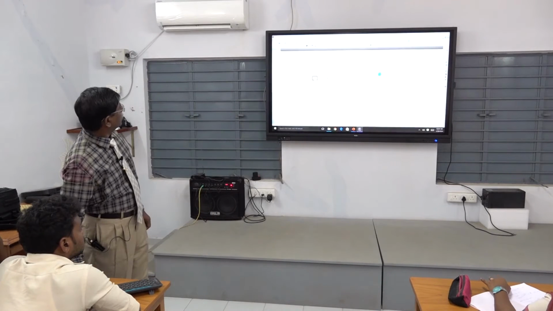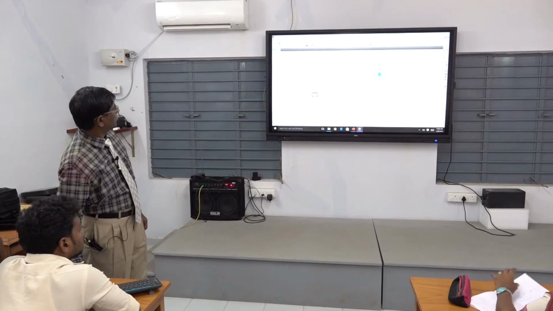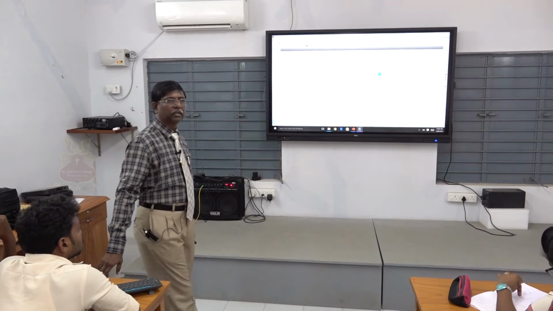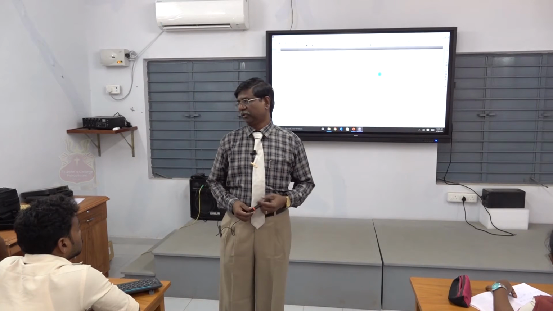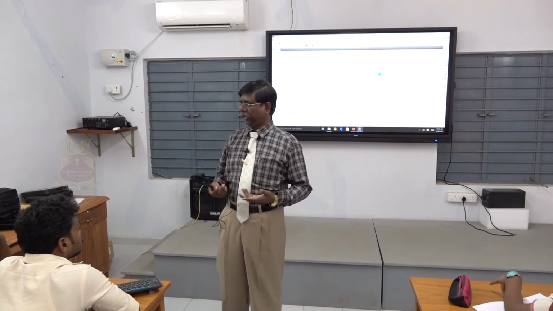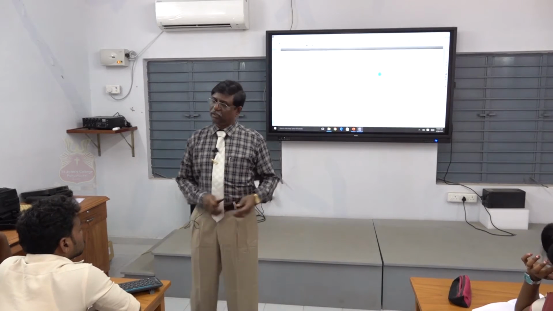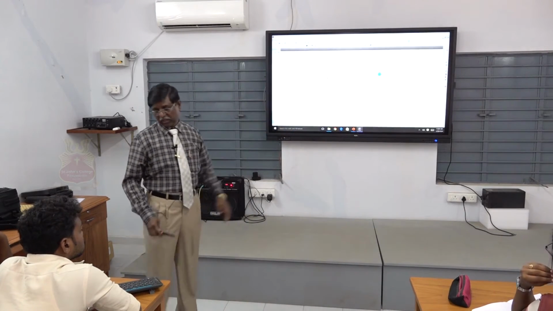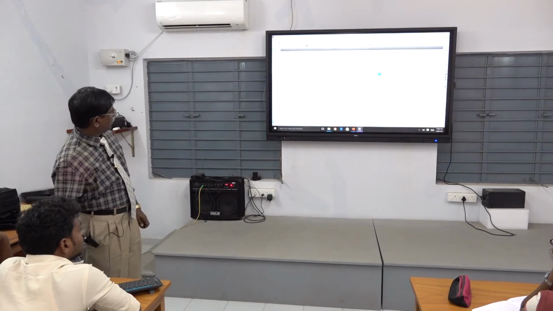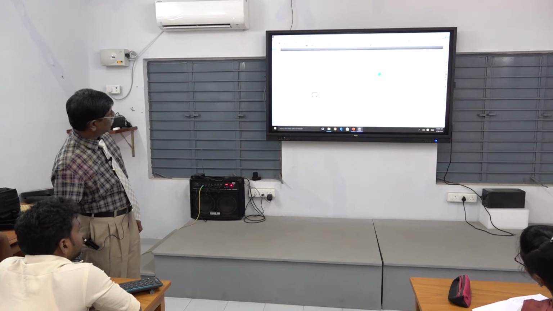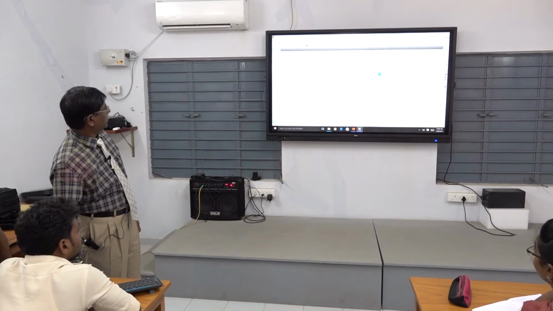Okay, you put 0, 0 input. In an AND gate, for 0, 0, the output will be 0. Now it is a negative AND gate, so therefore it will produce high output. In the case of 0 and 1, A is 0 and B is equal to 1, you have high output.